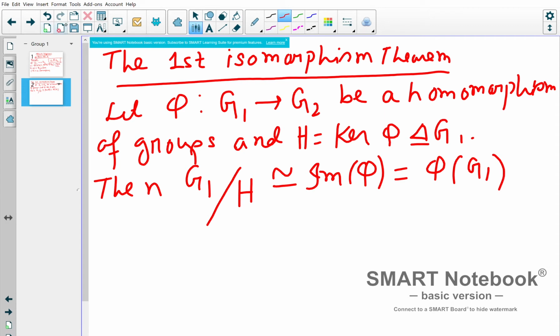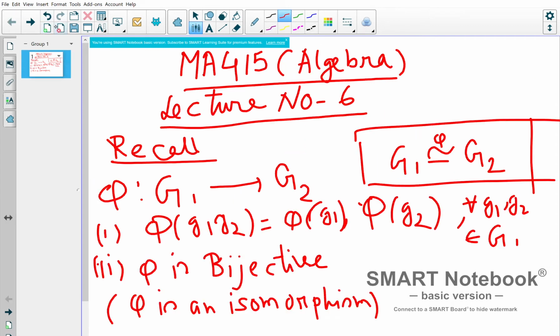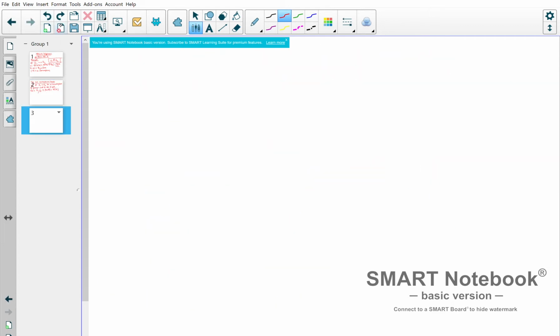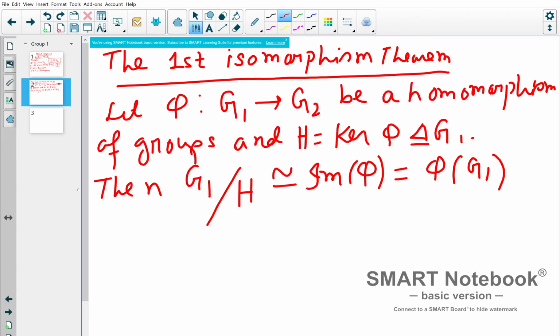Now, what does that mean? So to prove something is an isomorphism, what do you need to prove? You need to prove two properties, right? Now, how do I define a map?